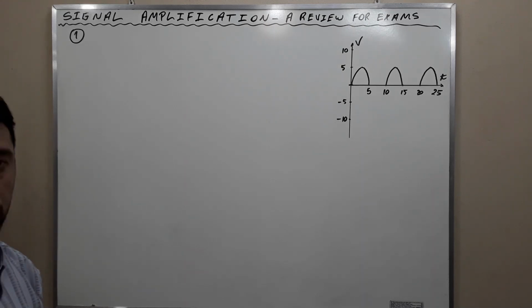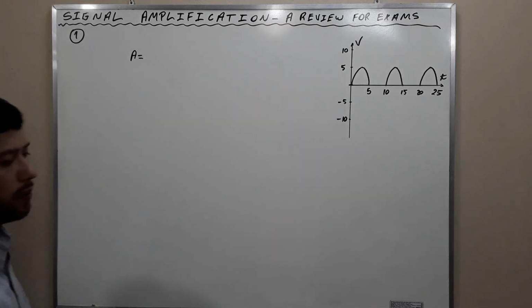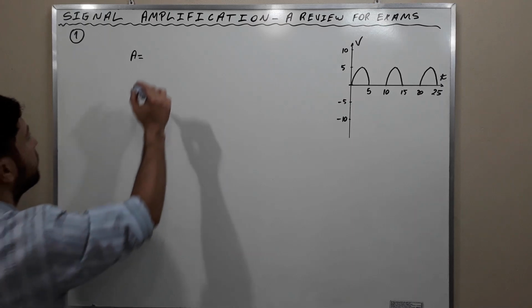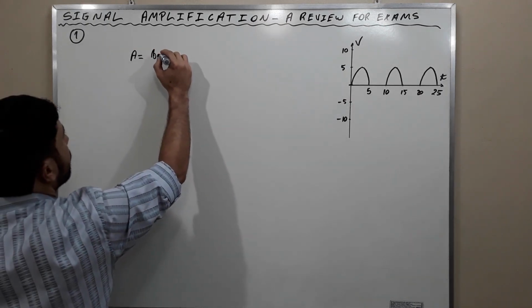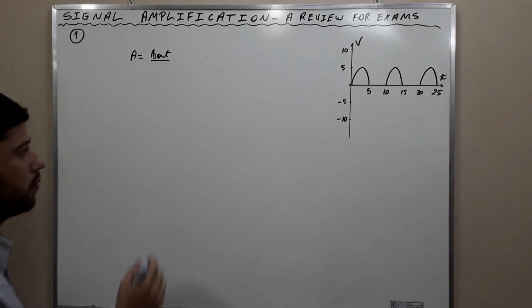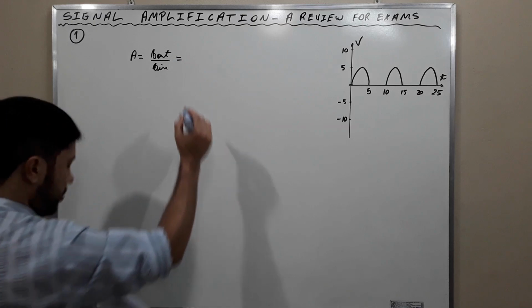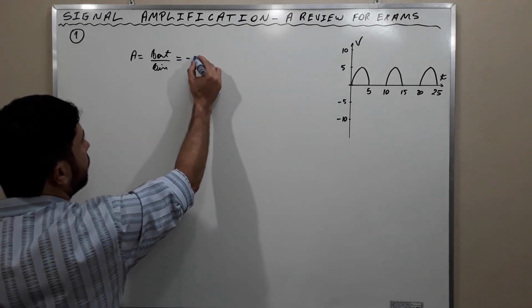Secondly, we consider the amplification factor. Take a look at it. The amplification factor, or if you prefer the gain, is V out over V in, which is equal to -2.